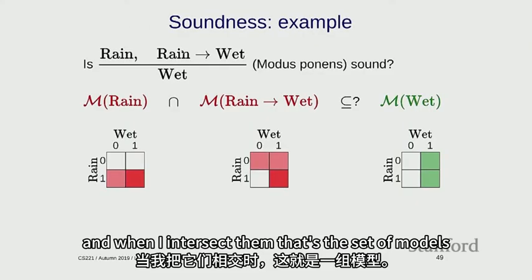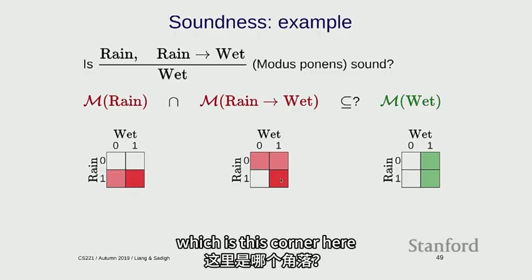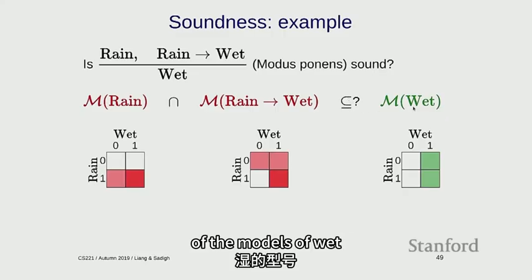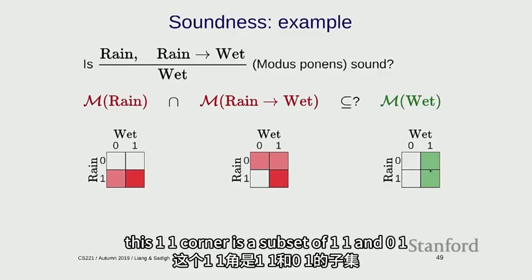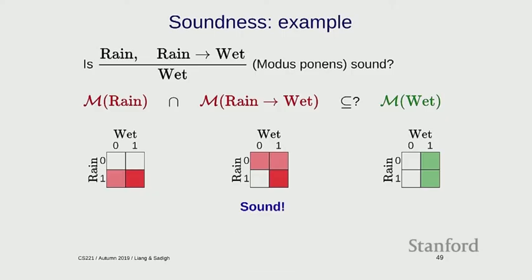And when I intersect them, that's the set of models which are conveyed by the knowledge base, which is this corner here. And I have to check whether that is a subset of the models of wet. And wet is over here. So this 1, 1 corner is a subset of 1, 1 and 0, 1. So this rule is sound.